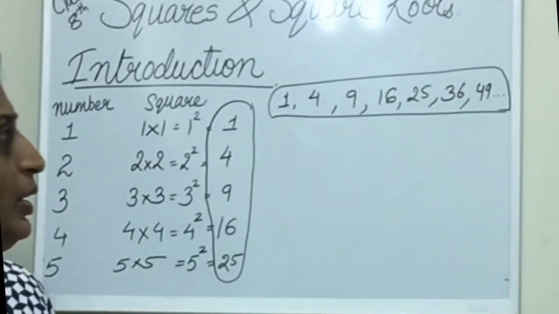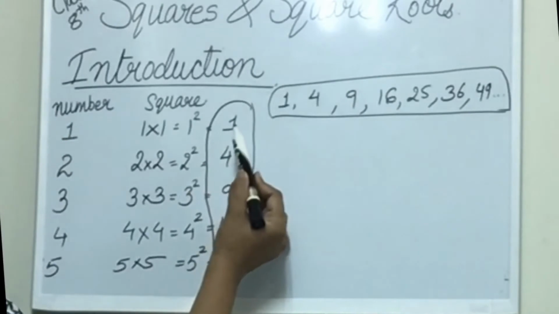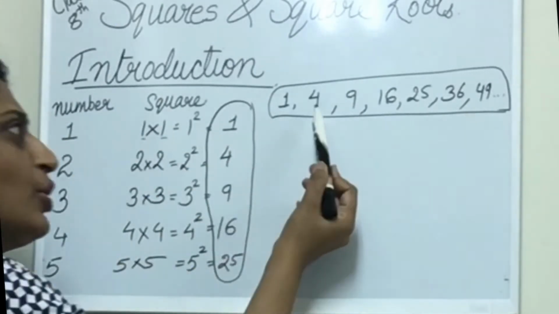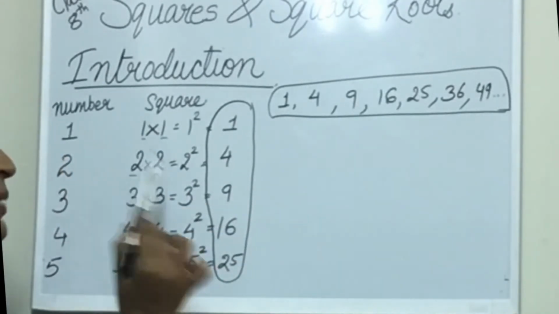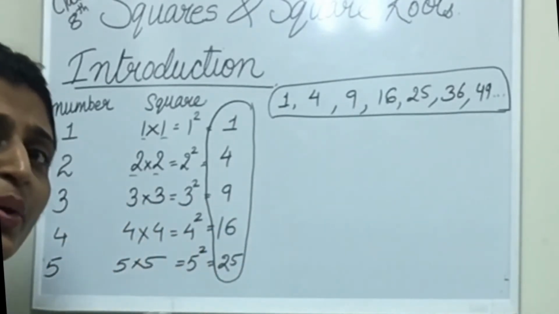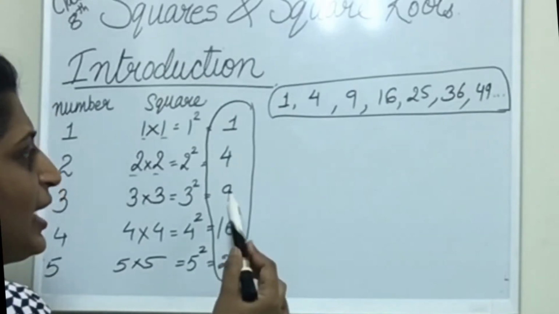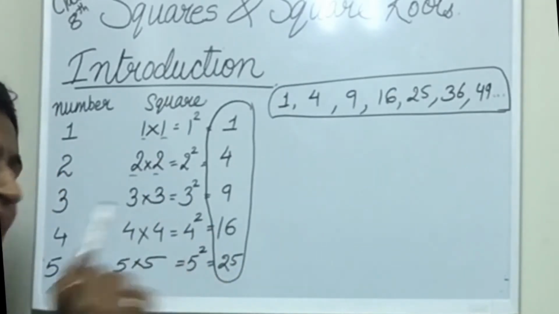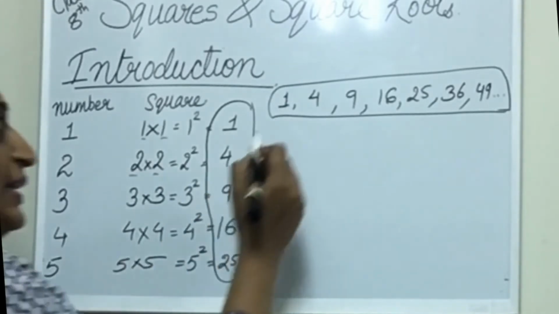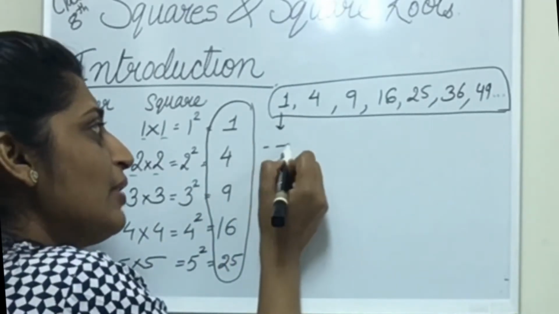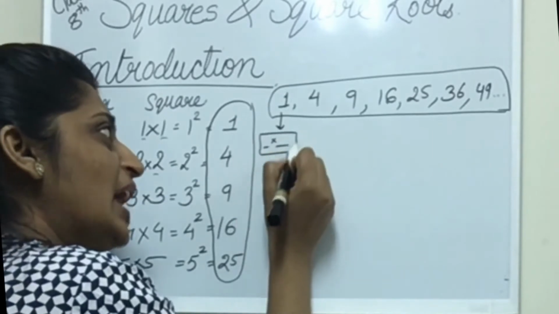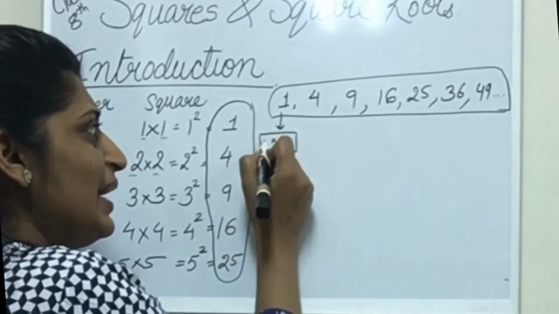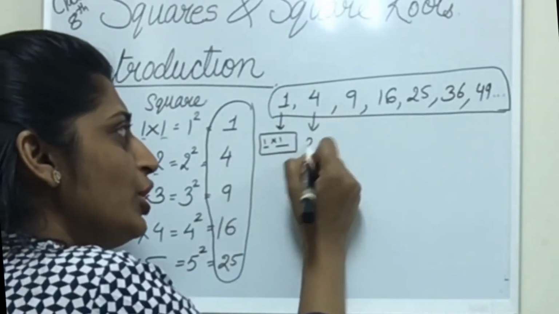If we look, we will see that 1 is obtained by multiplying 1 and 1. If we look at 4, we will find that it can be obtained by multiplying 2 times 2. If it is 9, it is 3 times 3. If it is 16, it is 4 times 4. So, these numbers are formed by product of two same numbers. If it is 1, it is 1, 1. If it is 4, it is 2, 2.